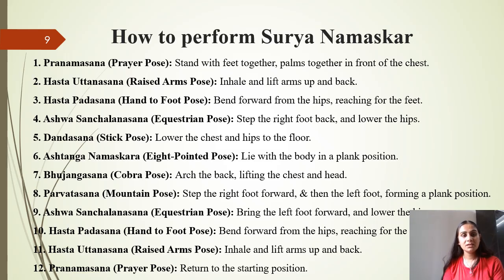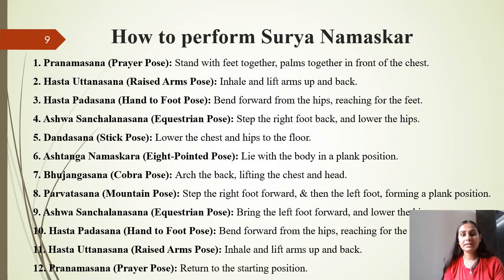The fourth one is Ashwasanchalasana, equestrian pose. Step the right foot back and lower the hips. Fifth one is Dandasana, stick pose. Lower the chest and hips to the floor. Sixth one is Ashtang Namaskar, 8-pointed pose.